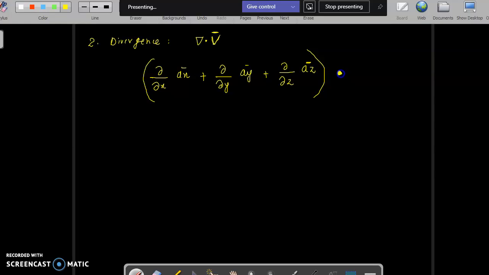dot next vector, this vector Vx Ax plus Vy Ay plus Vz Az. And if you do the dot product of Ax and Ax, you will get answer 1. But if you take the dot product of Ax and Ay, then it is 0.